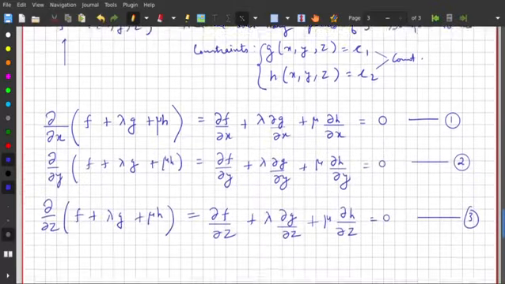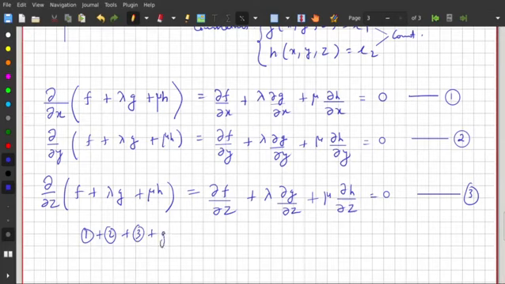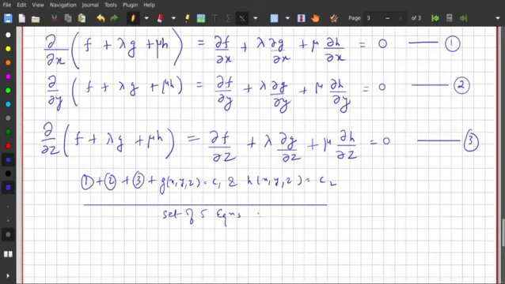Using equations 1, 2 and 3 plus the two constraint equations, g of x, y, z equals c1 and h of x, y, z equals c2, we have a set of 5 equations that we need to solve for 5 unknowns.